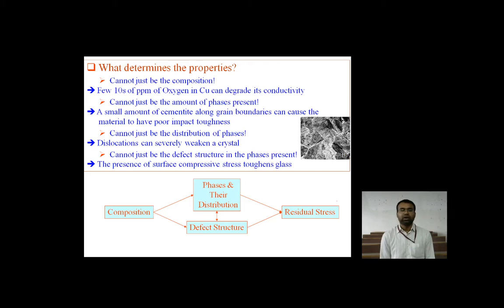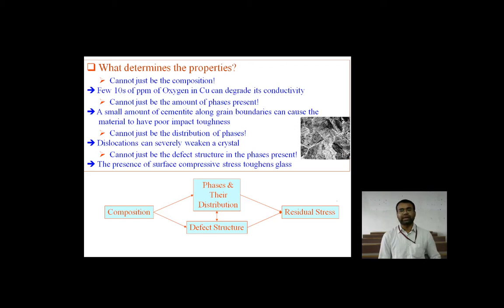A few tens of ppm of oxygen in copper can degrade its conductivity. If we increase the composition level of oxygen, the property of the material will decrease. So the exact amount of composition is required to maintain the property well.